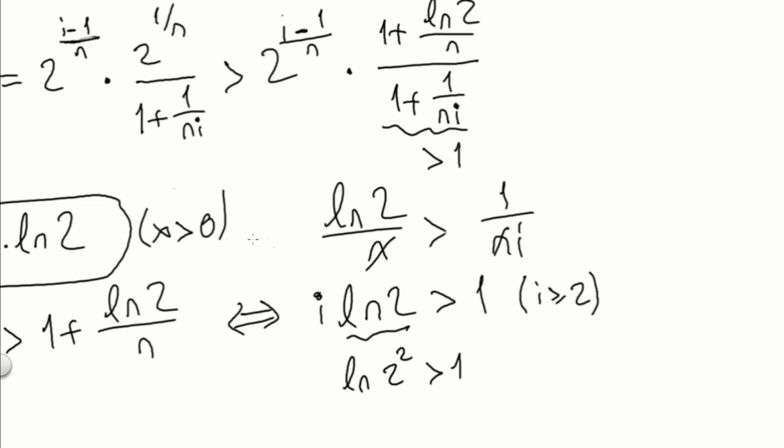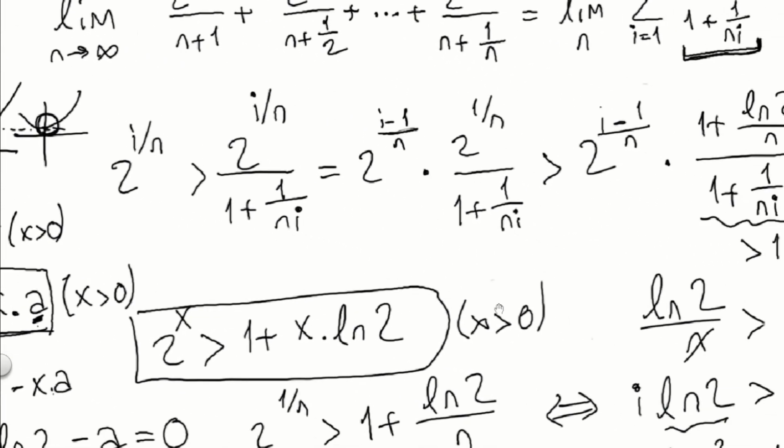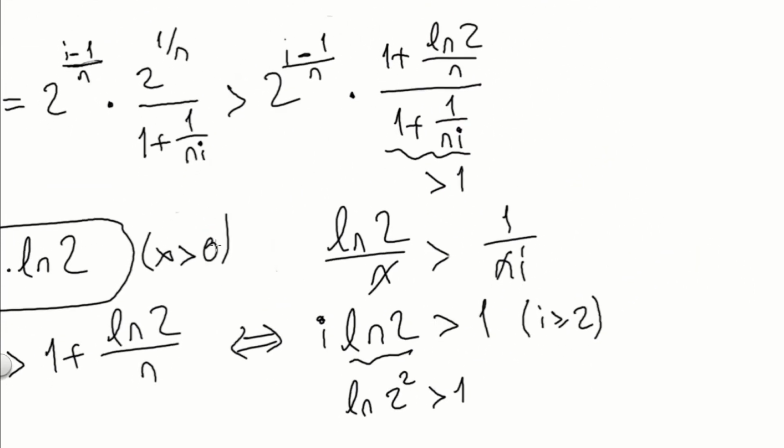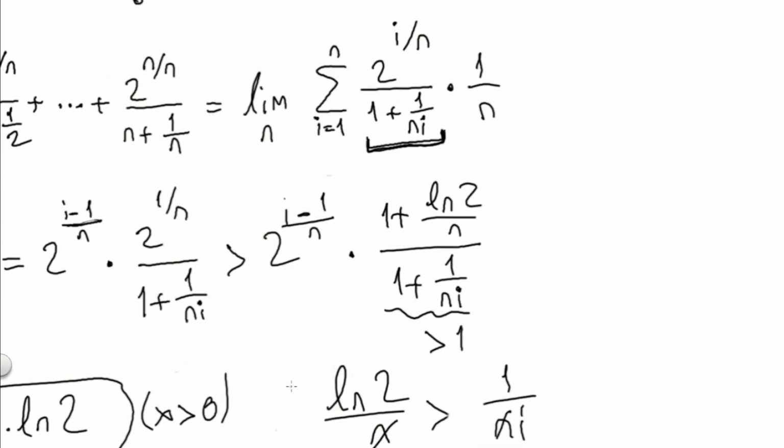But what we actually needed was when i is just bigger or equal than 1. So now do we give up? No. So okay, let's see how we can use this. So I know that this last inequality holds if i is greater or equal than 2. So this thing is just bigger than 1, but only if this is true. So this is just 2 to the i minus 1 over n.